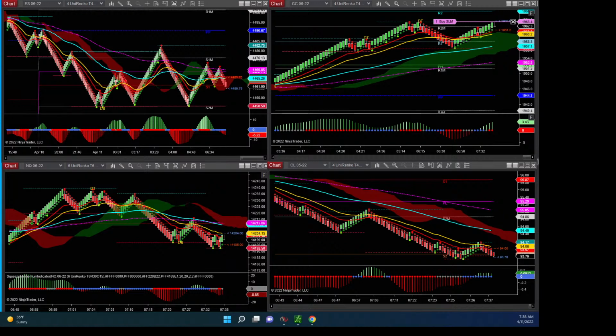Hopefully it rejects it and goes down a little and then moves up again, forming one of these, down and then up again, would give me more confidence that the bears lost the battle. We'll see.